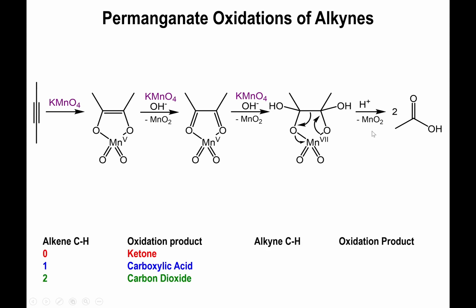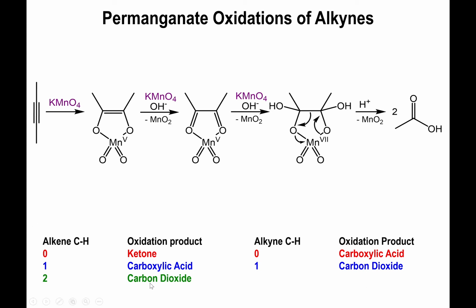But the end of the story is that if you have an internal alkyne, one that doesn't have a hydrogen directly bound to the alkyne carbon, then unlike the alkenes, the alkyne will give you a carboxylic acid right away. But if you do have a hydrogen bound to the end of the alkyne, then this will give you a carbon dioxide molecule in a similar pattern as before.